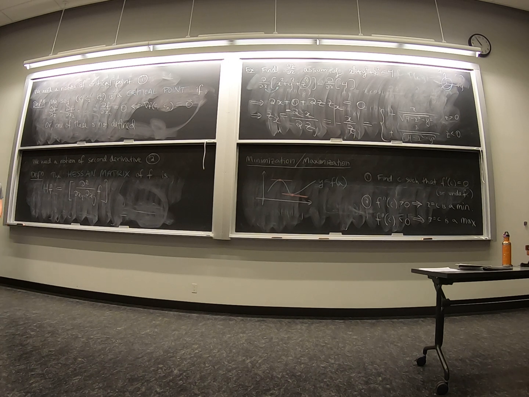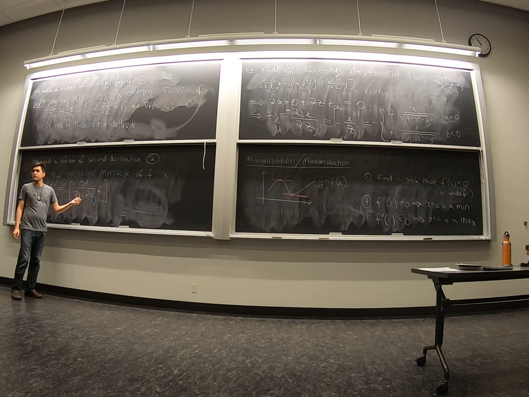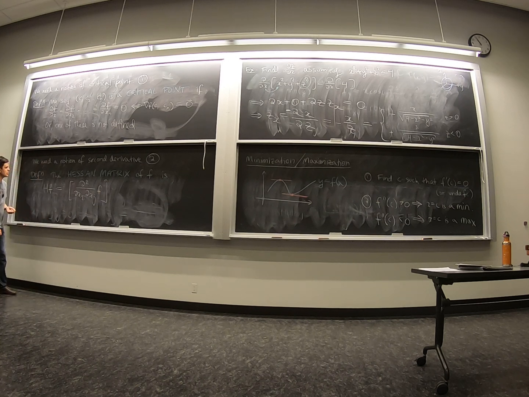And it's going to have as its entries the ijth derivatives. Okay, so we take the derivative in j, and we take the derivative in i. We do that in all possible ways. Okay, so this will collect all the information about second derivatives of f.